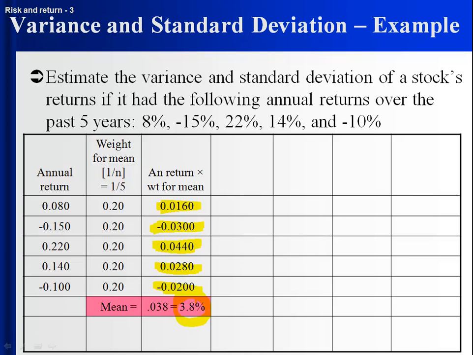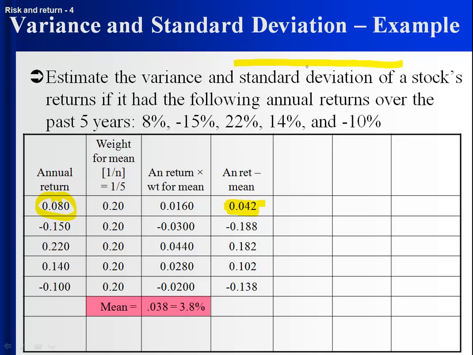Now we want to get the deviation. If the return here was 8% and the mean is 3.8%, then the deviation is 4.2 percentage points. So 8%, you can think of it if we have a number line here, and let's say that's 3.8%, 8% here, it was 4.2 percentage points above 3.8.